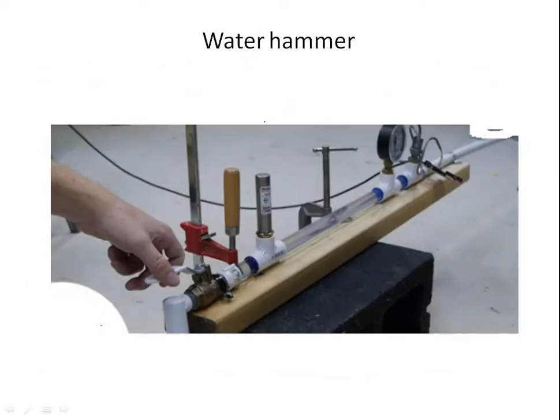Next, you can see the water hammer. You can see the sketch, how the water hammer is placed on the wooden piece, and the measuring instruments are shown here. The dial indicator is also connected to that.